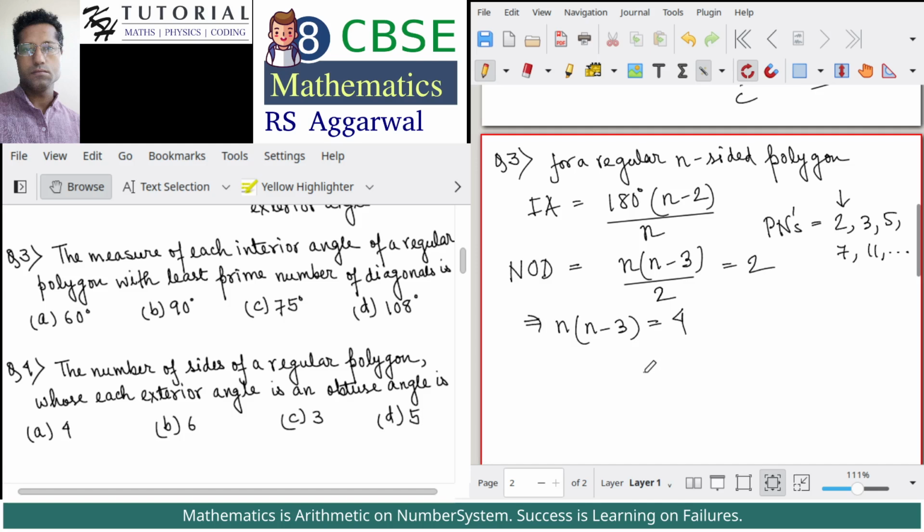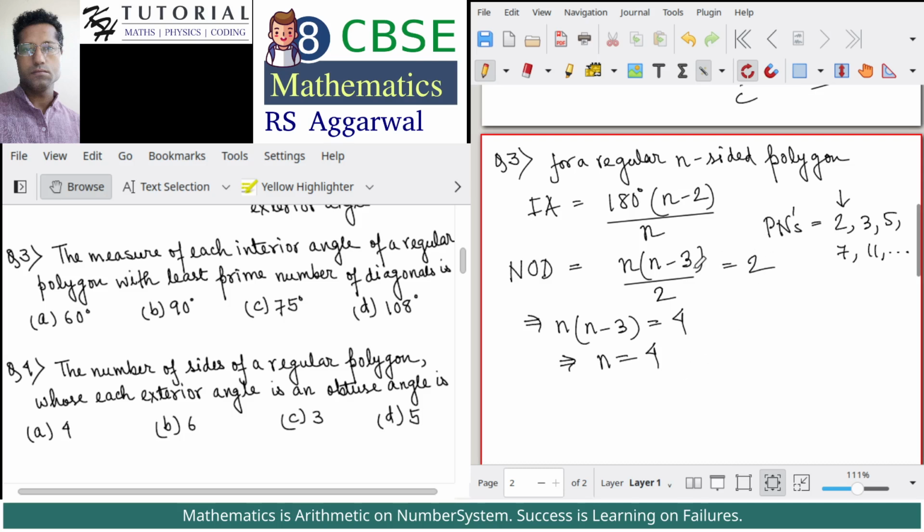If you do a little bit of basic mathematics, what can be the value of n such that n into n minus 3 is 4?